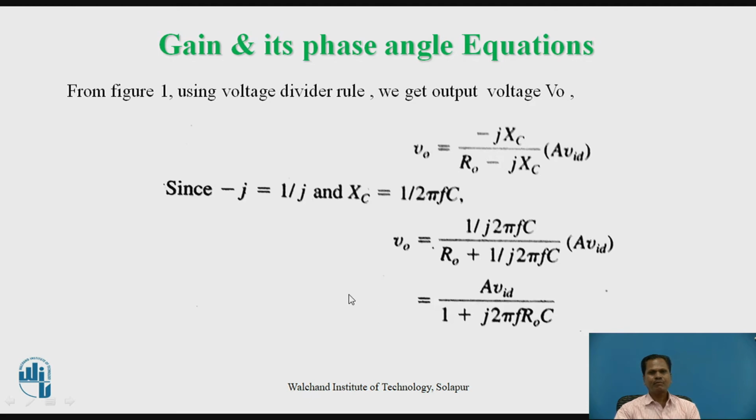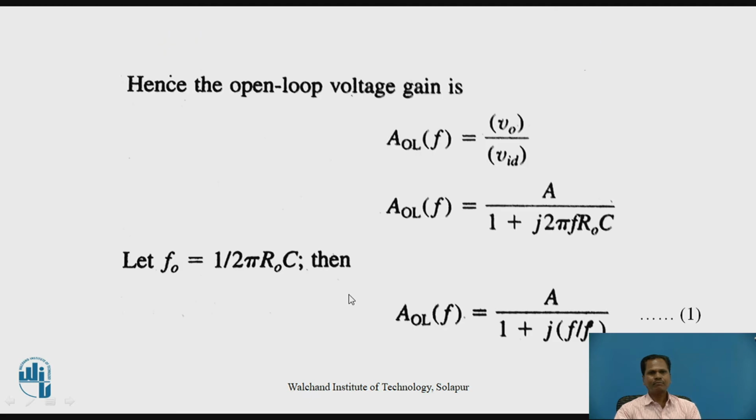From this we can write the equation for open loop voltage gain as a function of frequency. It is the ratio of output voltage VO to the difference input voltage VID.